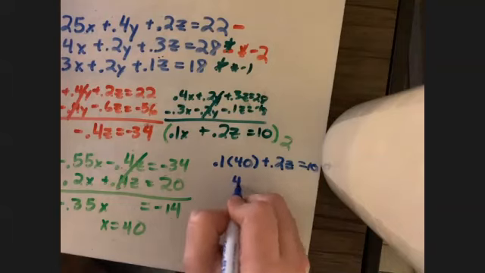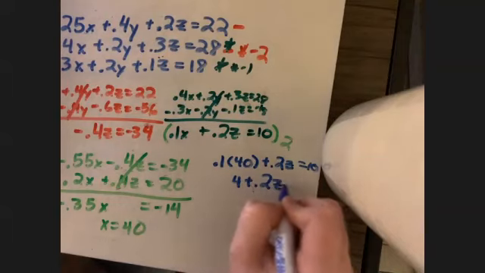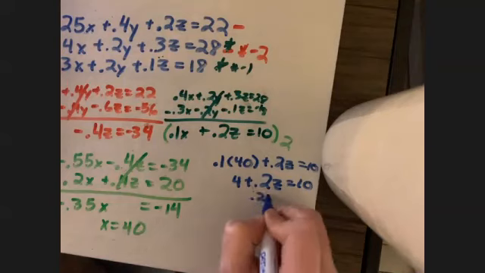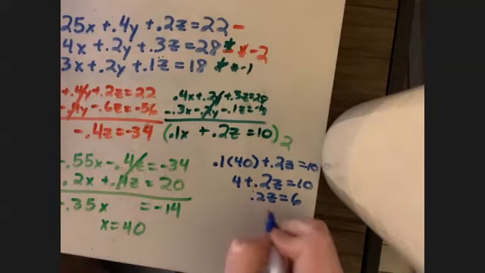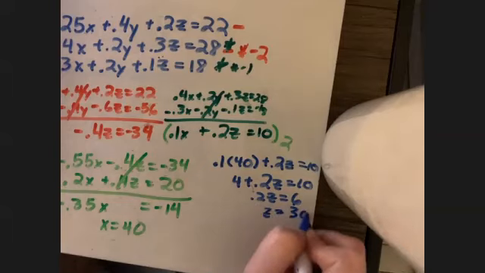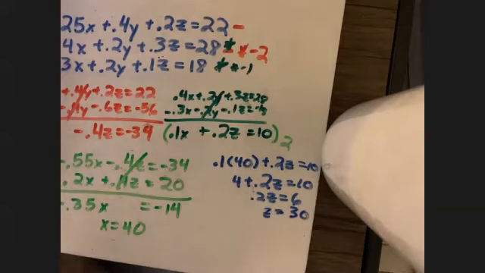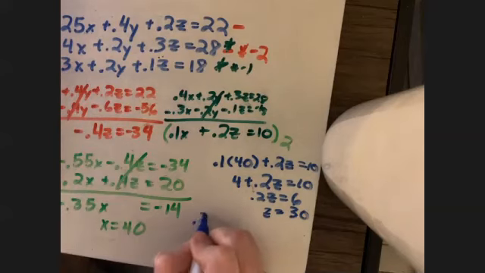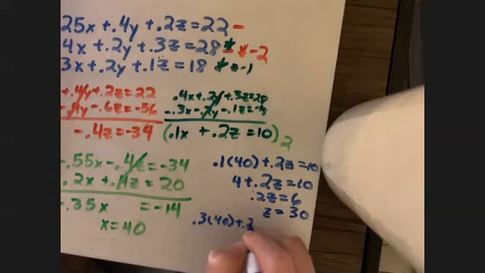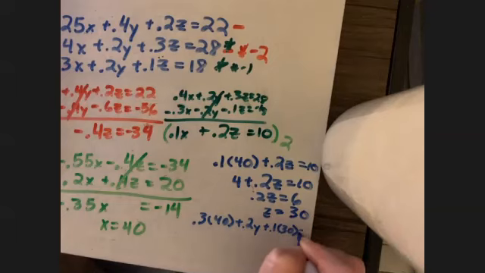So that's going to be 4 plus 0.2z equals 10. 0.2z equals 6. Z is 30. And then going back to one of these upper equations, I'm going to go to this bottom one. I've got 0.3 times 40 plus 0.2y plus 0.1 times 30 is 18.